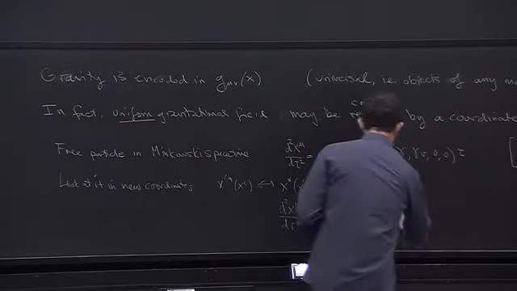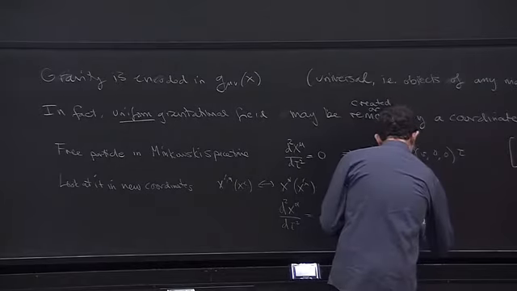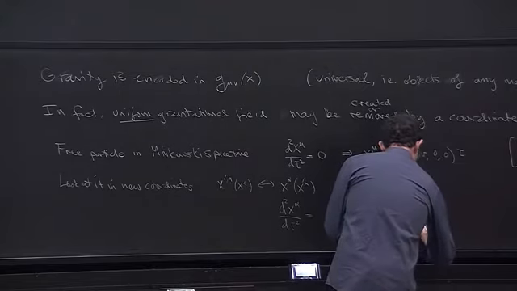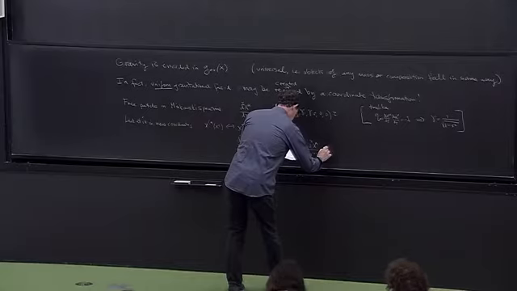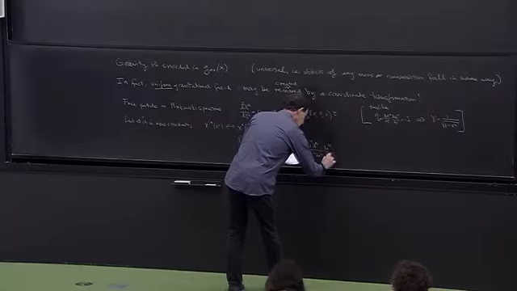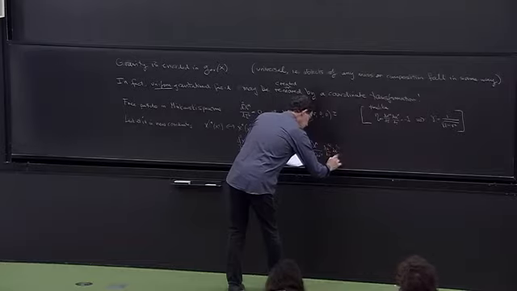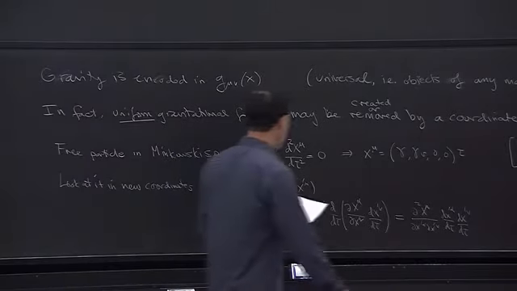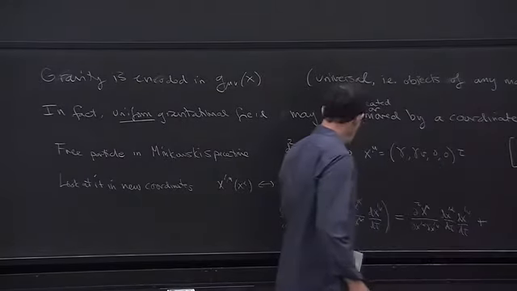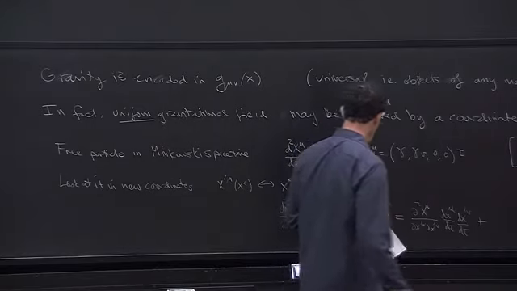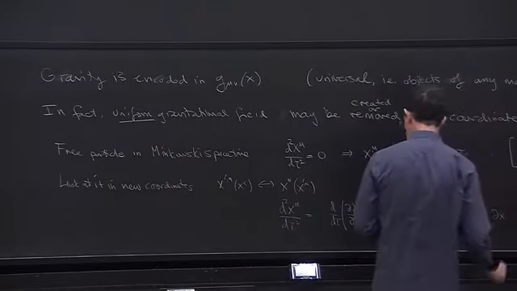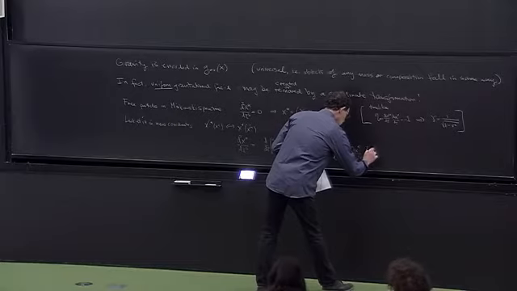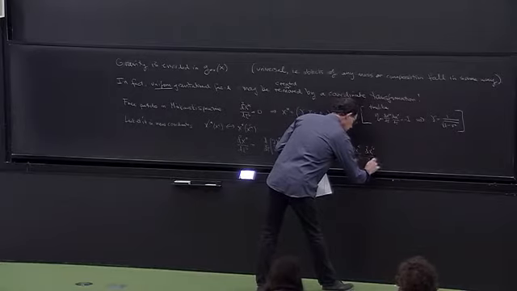And now if I differentiate this, I get d2x^mu/dx prime^alpha dx prime^nu times dx prime^alpha/dtau dx prime^nu/dtau, plus the term where I differentiate the second piece, which is dx^alpha/dx prime^nu times d2x prime^nu/dtau squared.